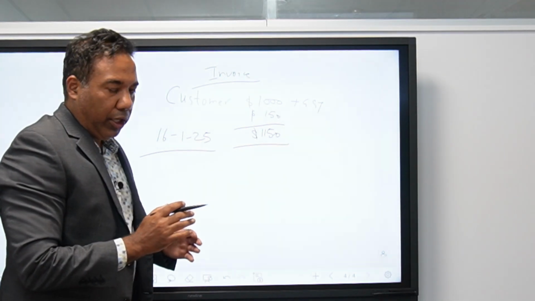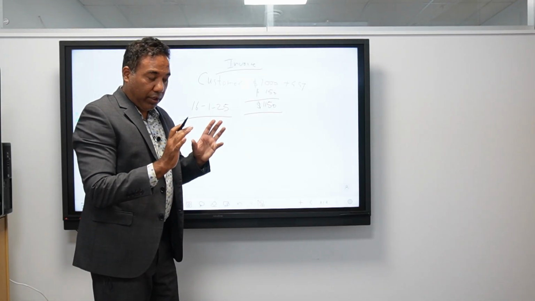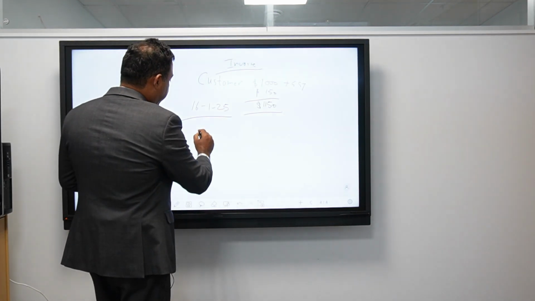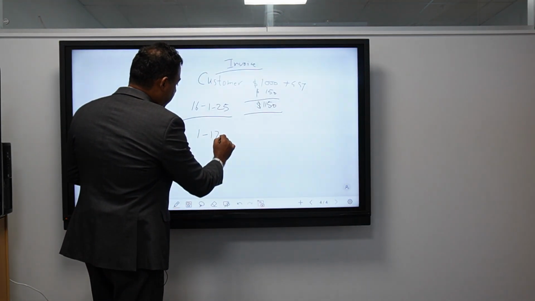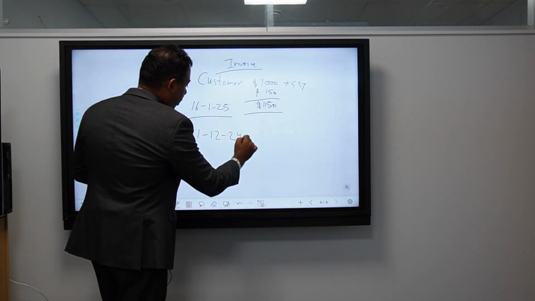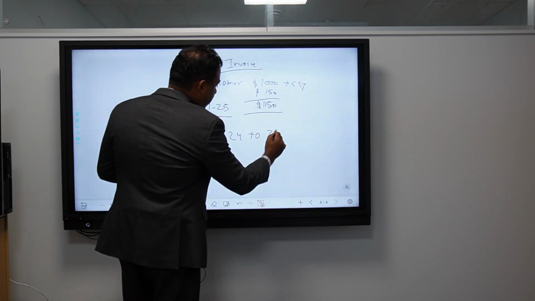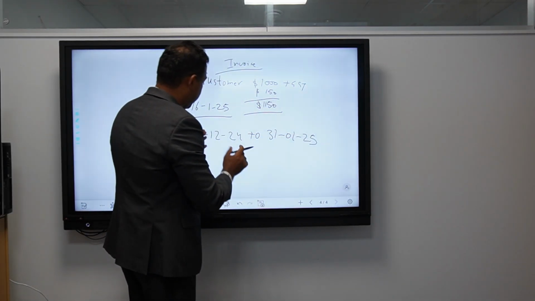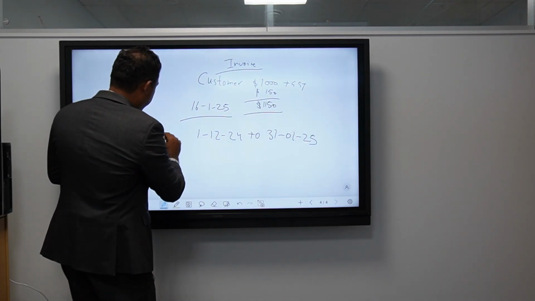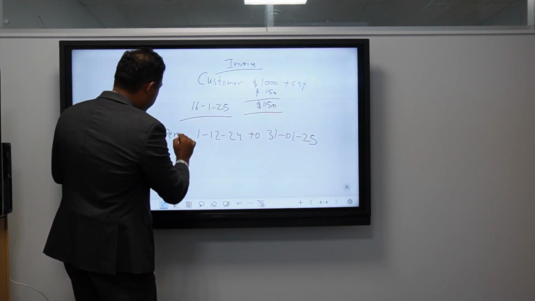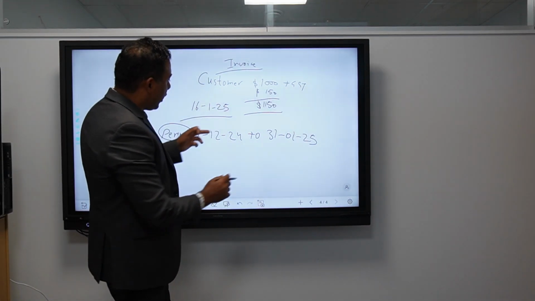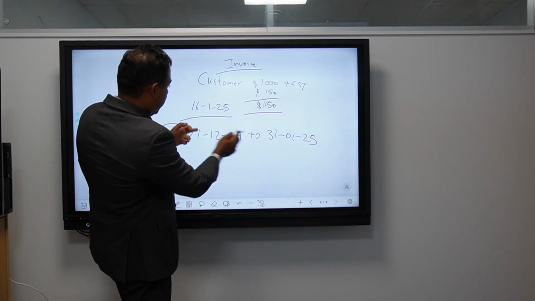Now, in a hypothetical situation, this is 2 monthly GST, and the GST period is 1st December 24 to 31st Jan 25. Right? This is the GST period. Now the date 16th January is between these two dates, as you can see.